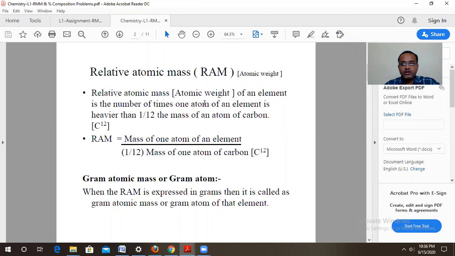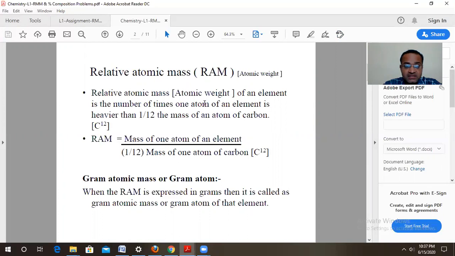The first thing, relative atomic mass. Relative atomic mass or the atomic weight of an element is the number of times one atom of an element is heavier than 1/12 the mass of an atom of carbon. That's carbon 12. We are comparing it with the carbon 12 isotope.